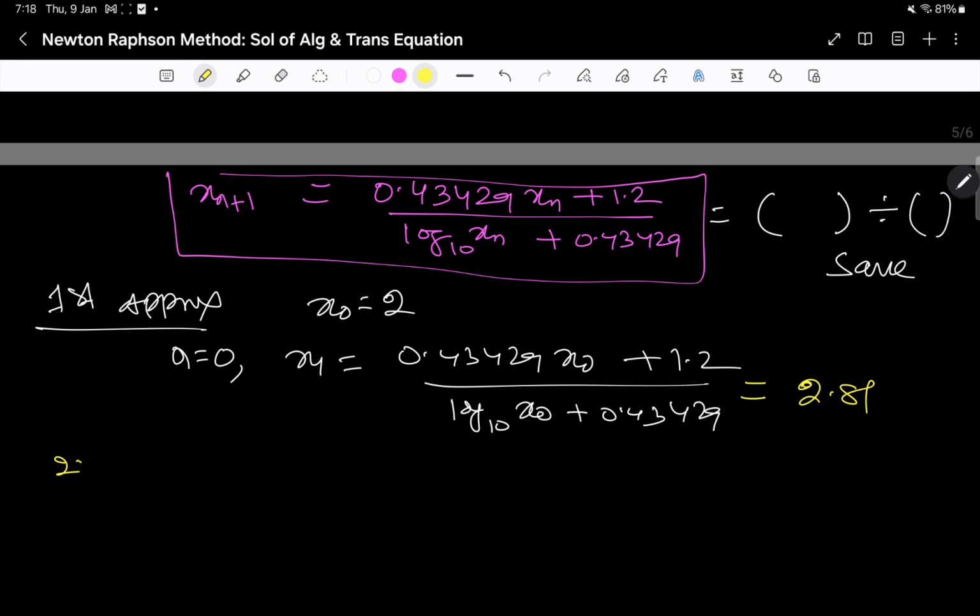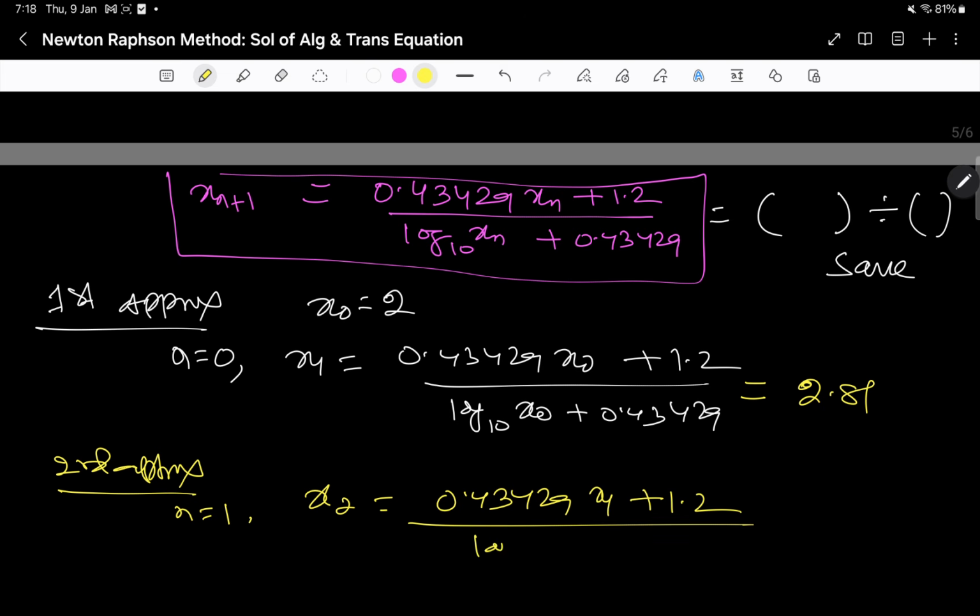2.81. Now my second approximation, my n is equal to 1, here x2 will be 0.43429 x1 plus 1.2 divided by log base 10 x1 plus 0.43429. So substituting x1 here, this value will be giving me 2.741.